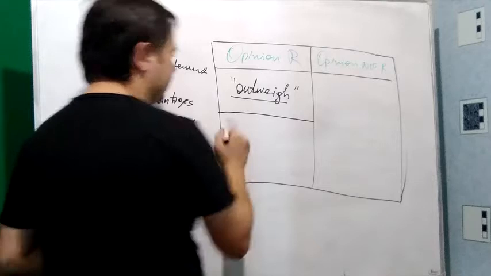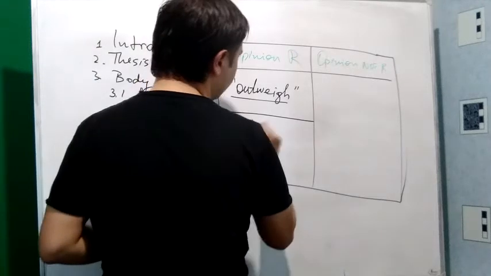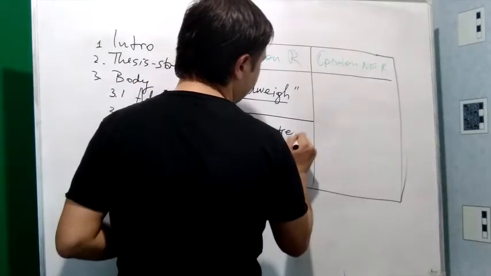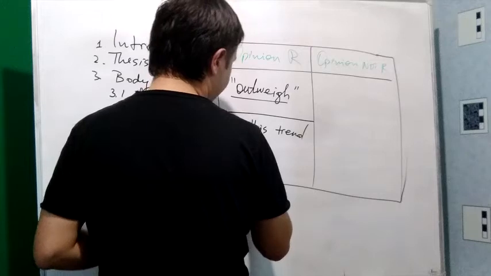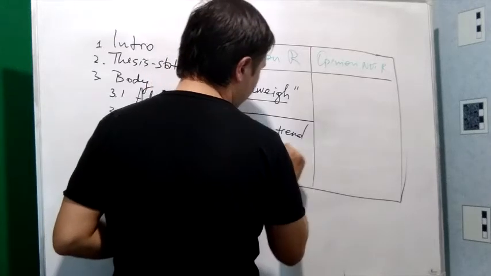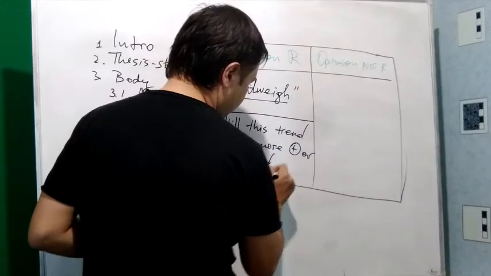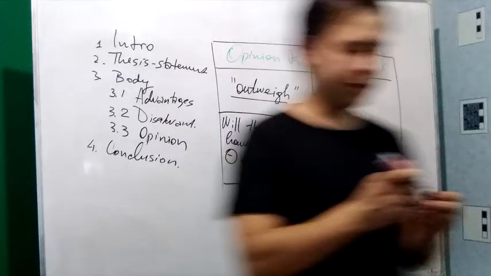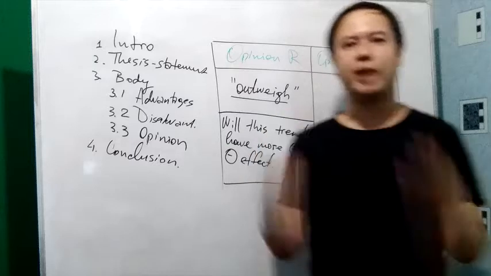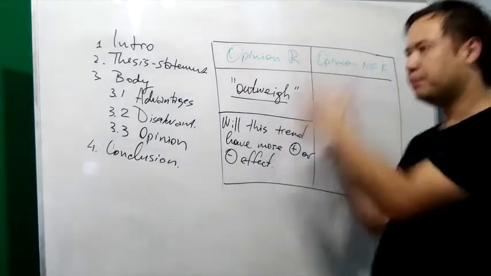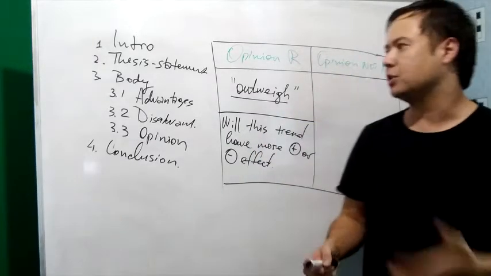Another situation when your opinion is required is when the action sentence of the question goes something like this: Will this trend have more positive or negative effects? That means the question is not asking directly for the advantages and disadvantages.